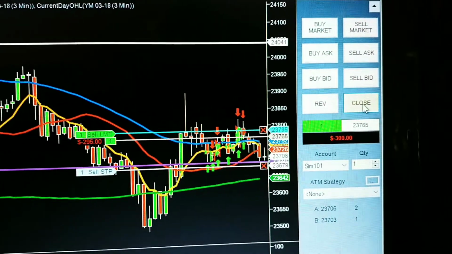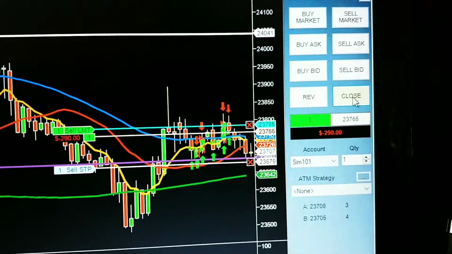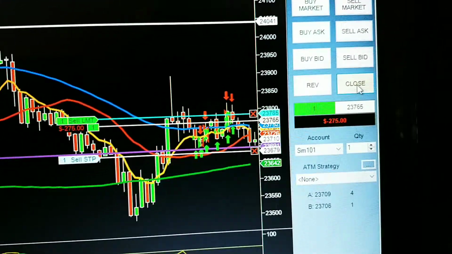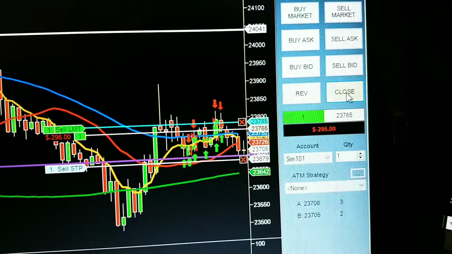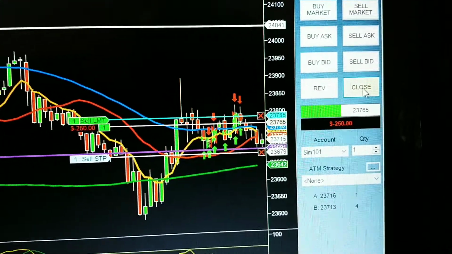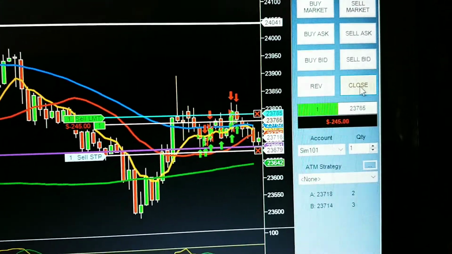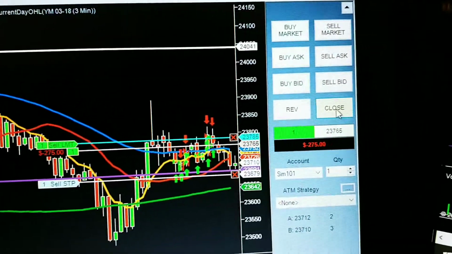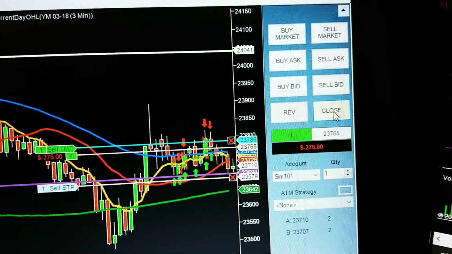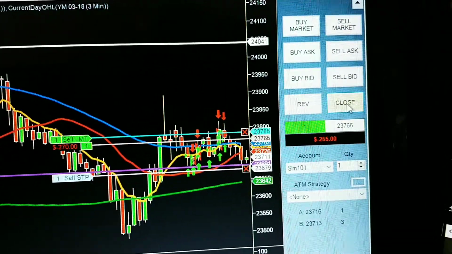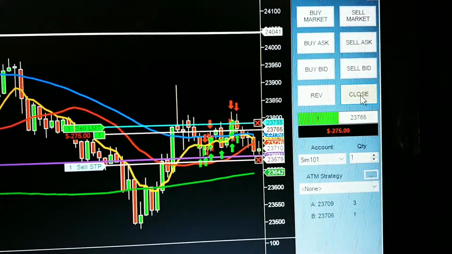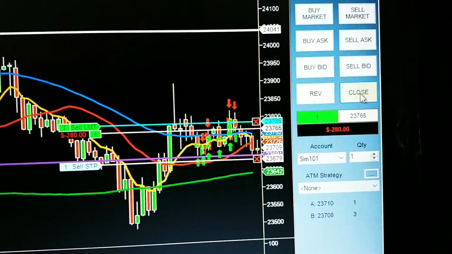We trade crude oil and gold. And we also trade the Russell 2000, the TF. We have the dollar on our charts too, so we trade a couple of markets, but we mainly concentrate on the Dow and the Nasdaq. And then we do some crude oil trading pretty much on Wednesdays when they do announcements.